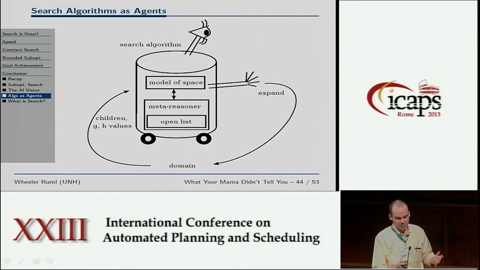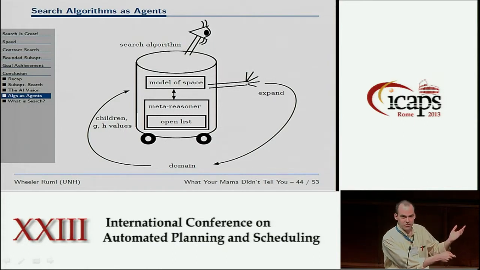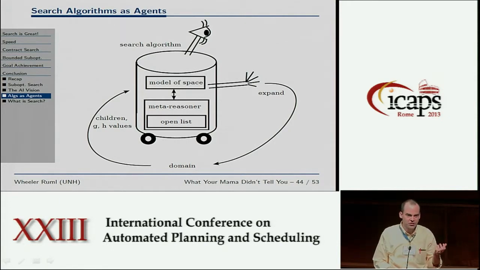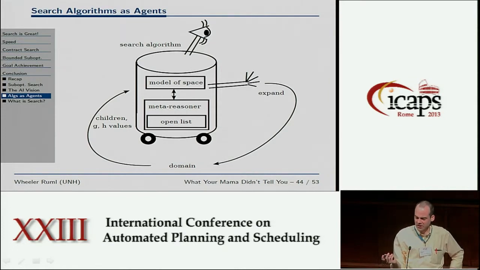The search algorithm itself is taking actions like expanding nodes in the domain. The search algorithm is discovering new things that it didn't know before. Oh, I have 6 children over here. These are their F values. These are their G values. The search algorithm is maybe thinking a little bit about what actions it should take next. Which nodes should I expand? The search algorithm is an agent.